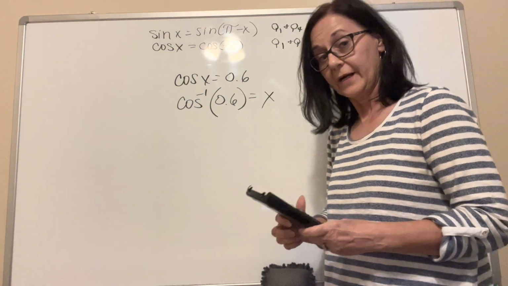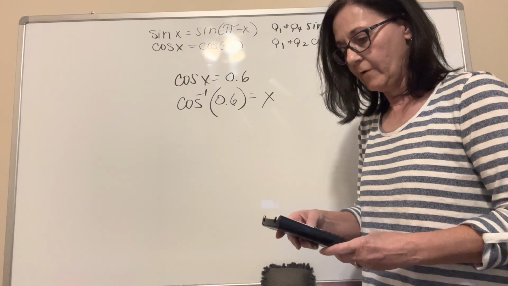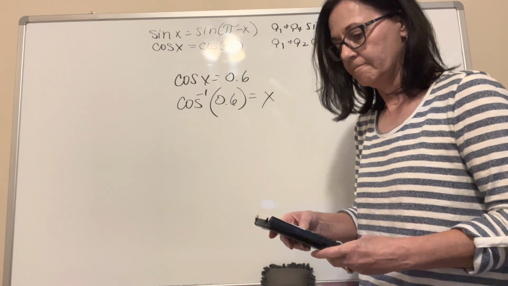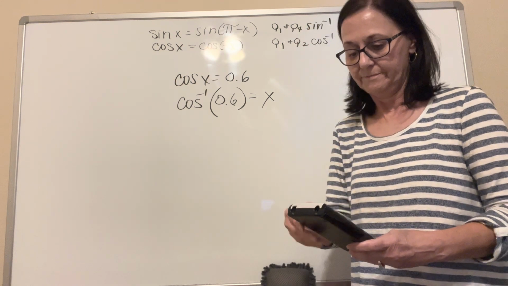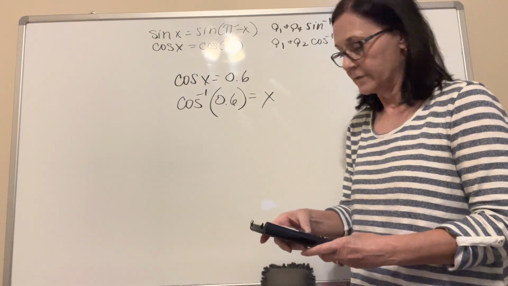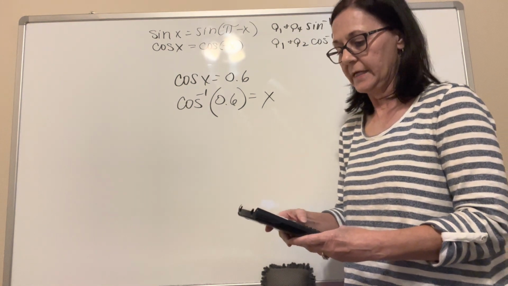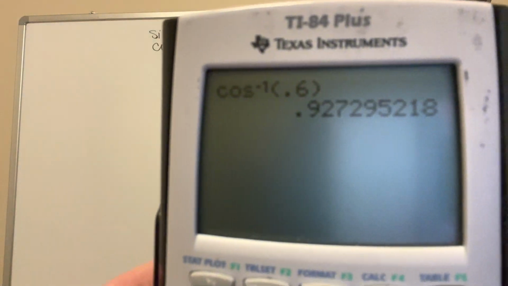Let's make sure our calculators are in radian mode. And we do second cosine 0.6 equals, all right, that's what I did in my calculator.